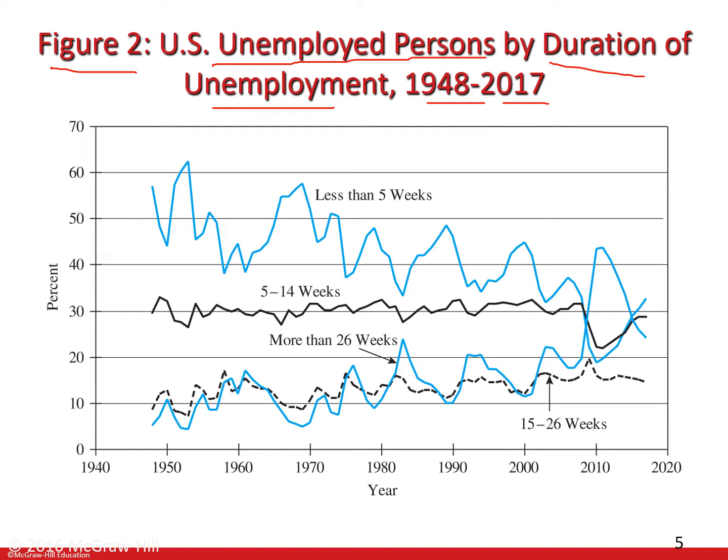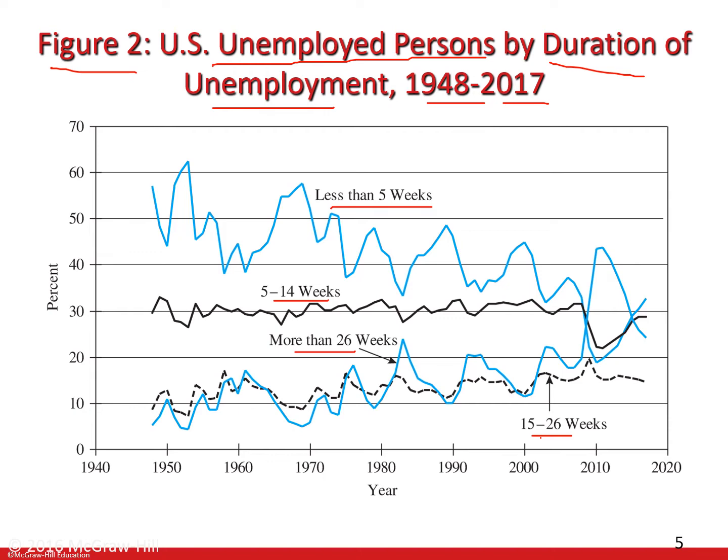We can see the unemployed with a spell of less than 5 weeks, 5 to 14 weeks, more than 26 weeks, and the broken line, 15 to 26 weeks.